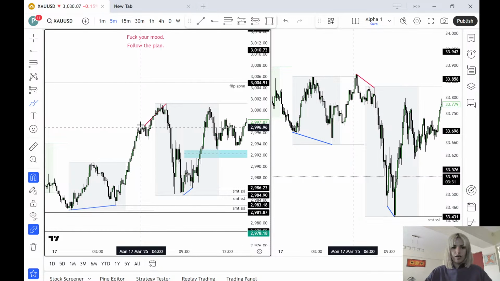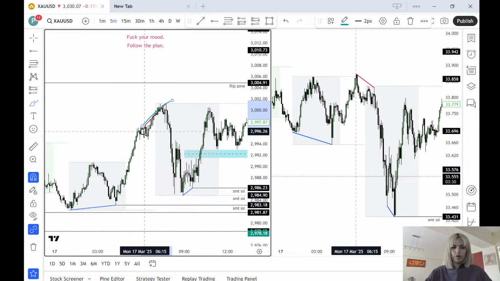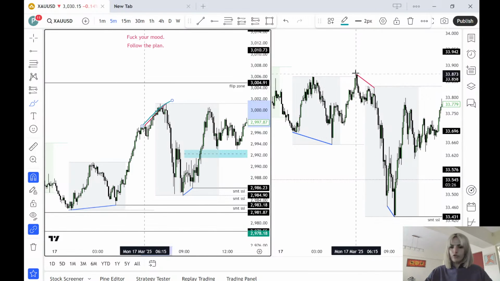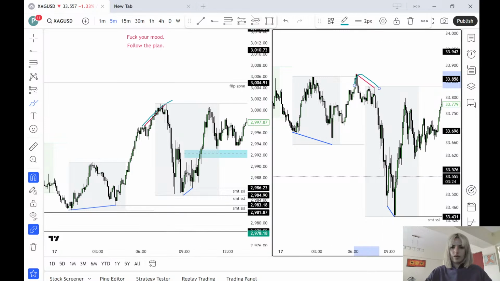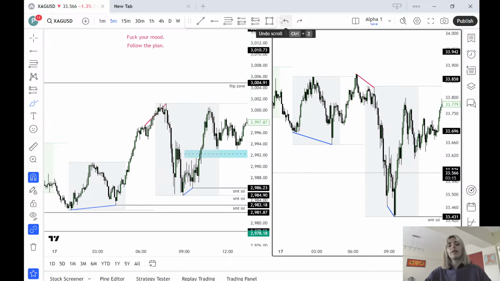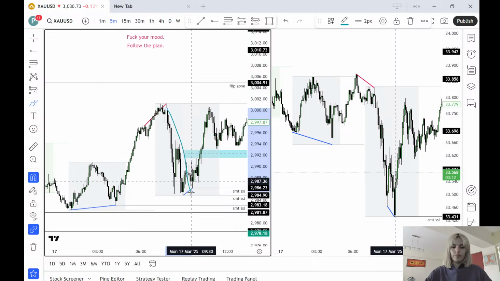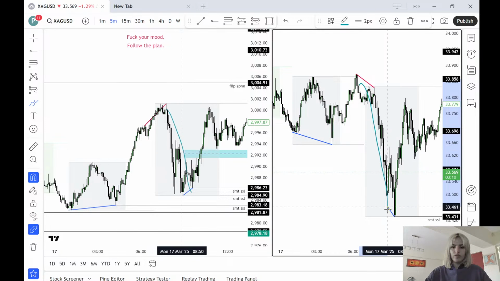You have this push to the upside where gold continues to create higher highs. Silver should do the same thing, but we can see that it's not. It's creating lower highs. So that's when you know there's a desync between these two.